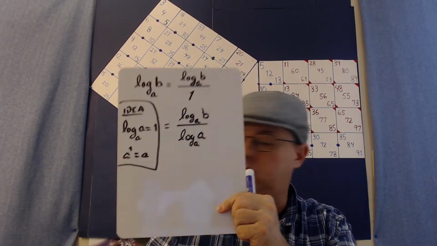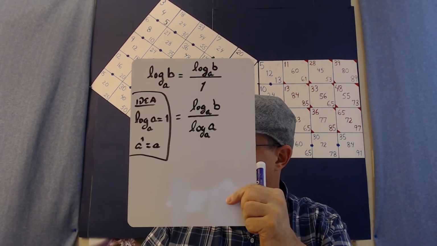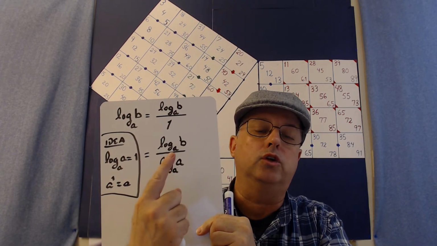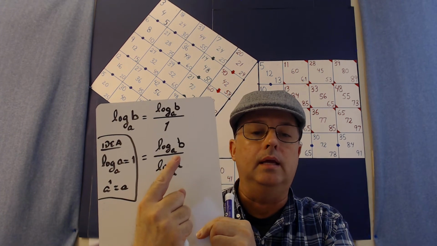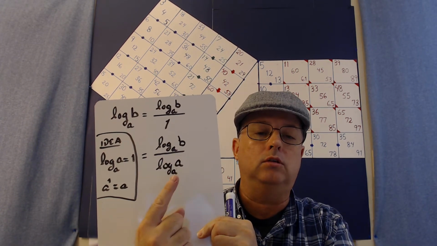I can change this a to b as long as I change this a to b. So I now have log base b of b over log base b of a.